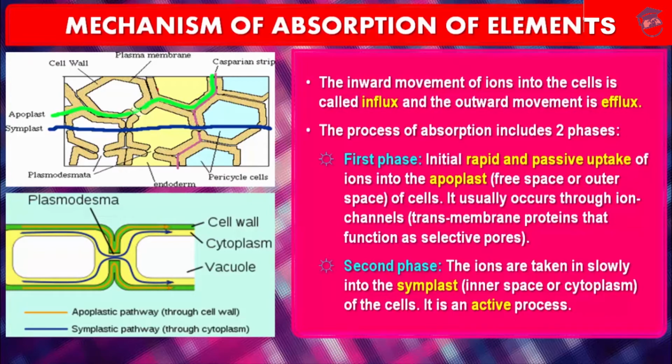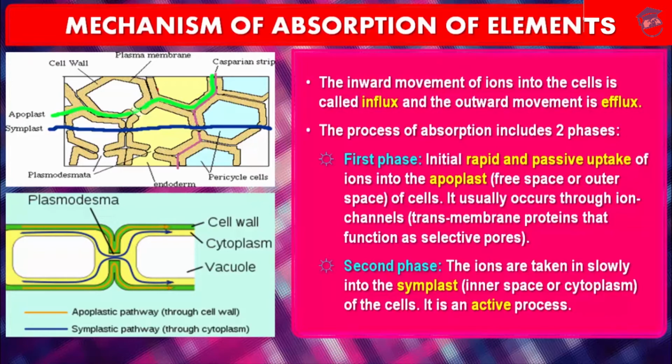Now comes the second phase, and that is the symplast. Ions are taken in slowly into the symplast, that is your inner space, or the cytoplasm of the cell, and it is an active process. That means it requires ATP for the uptake of these nutrients.